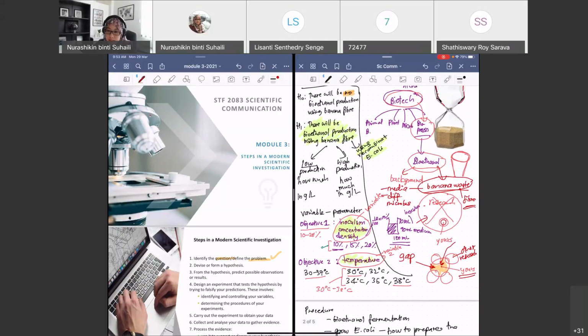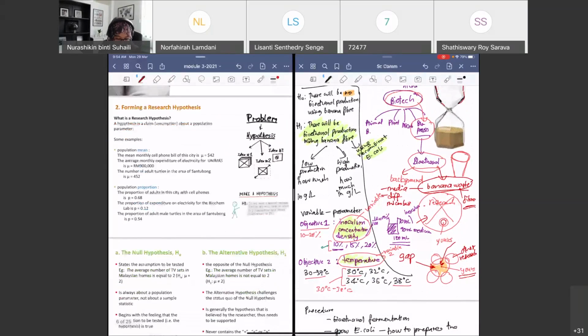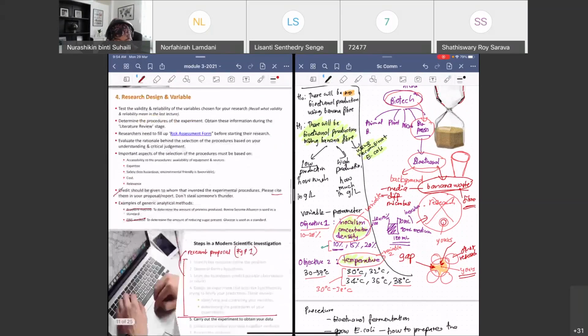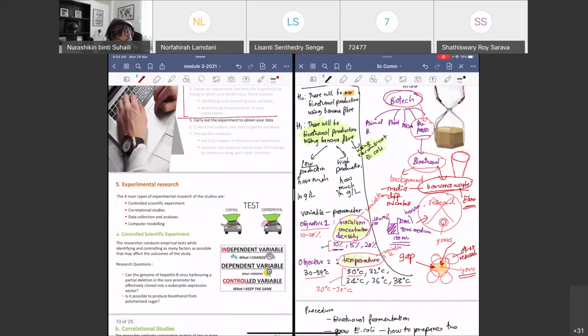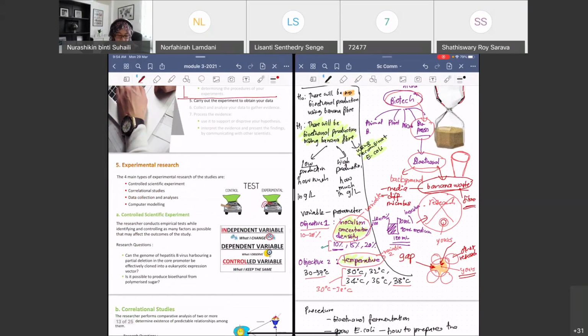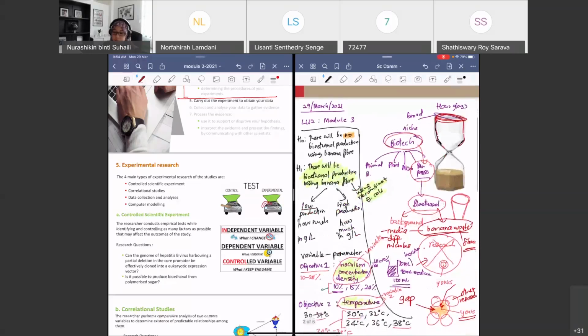Doctor, can you repeat again the experimental research for the controlled scientific research, in the type of experimental studies? Oh, okay. Controlled scientific experiment, is it? Yes. It's how you control the things.